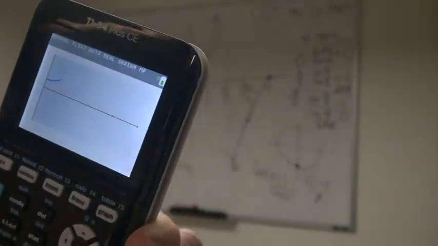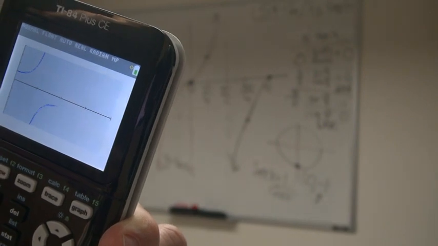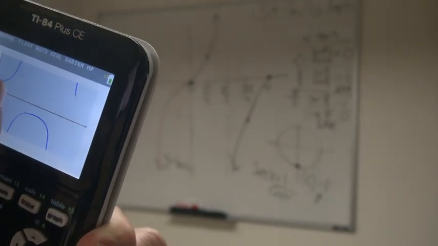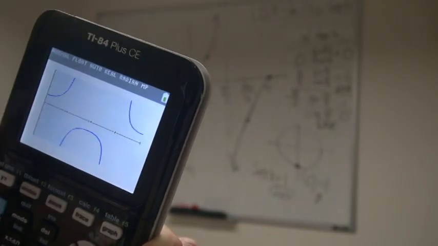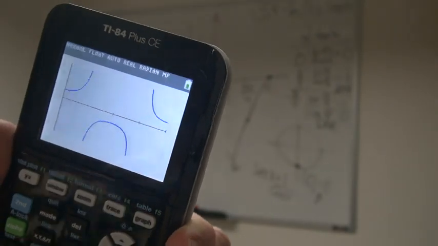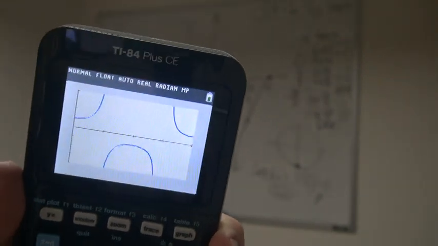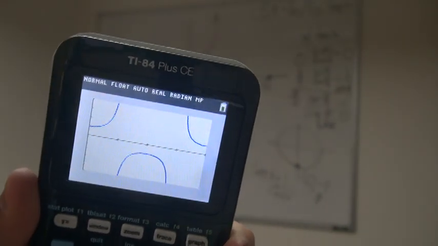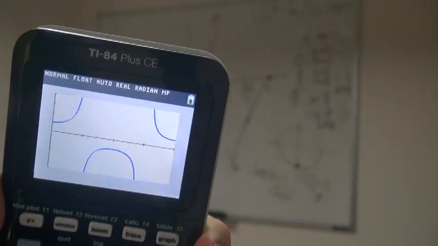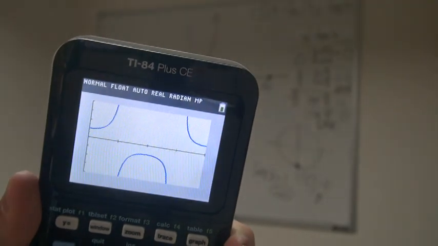And then graph it. Well, let's see what happens. That's negative 90 degrees, and I know that at 90 degrees we have a vertical asymptote, and then at 270 degrees we have another vertical asymptote. So we see we have vertical asymptotes happening, and this gives us a full cycle of secant from 0 to 2 pi.